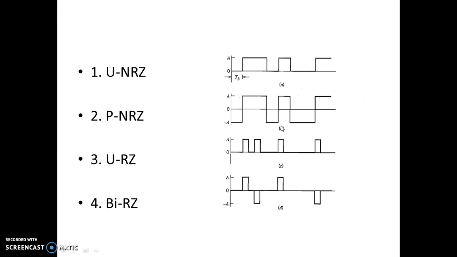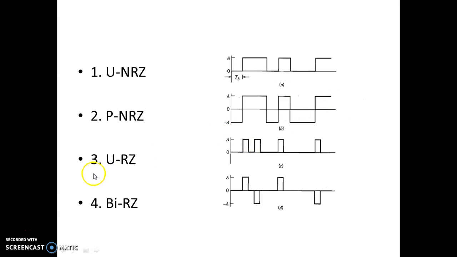Then we have unipolar return to 0. It has only one pole, but it returns to 0 after a fraction of the bit duration, and it changes its value only after that bit duration.